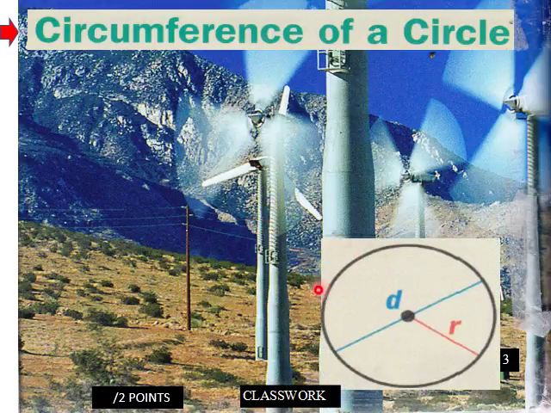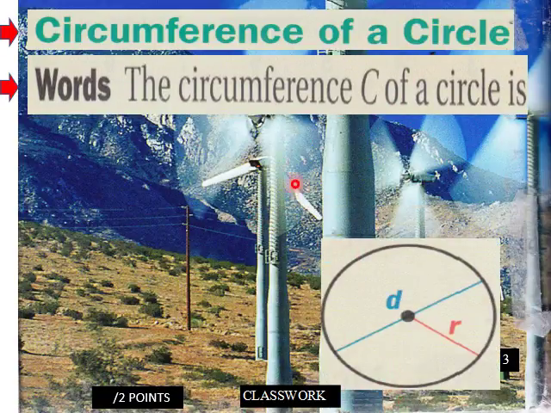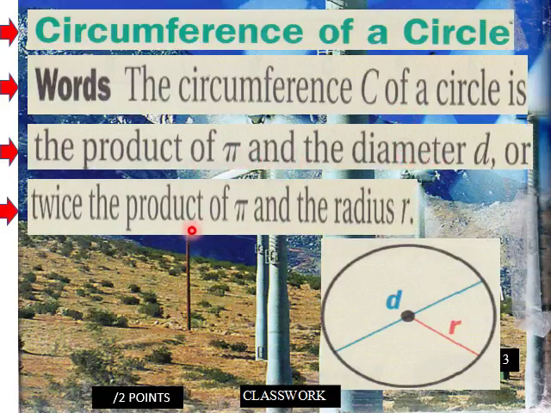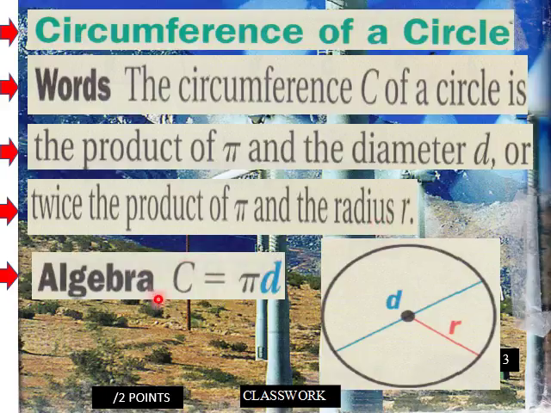So the circumference of a circle, C, is the product of pi and the diameter d, or twice the product of pi and the radius r. So for algebra here, circumference equals pi d. So it'd be 2 pi r or pi d is what the circumference would be.